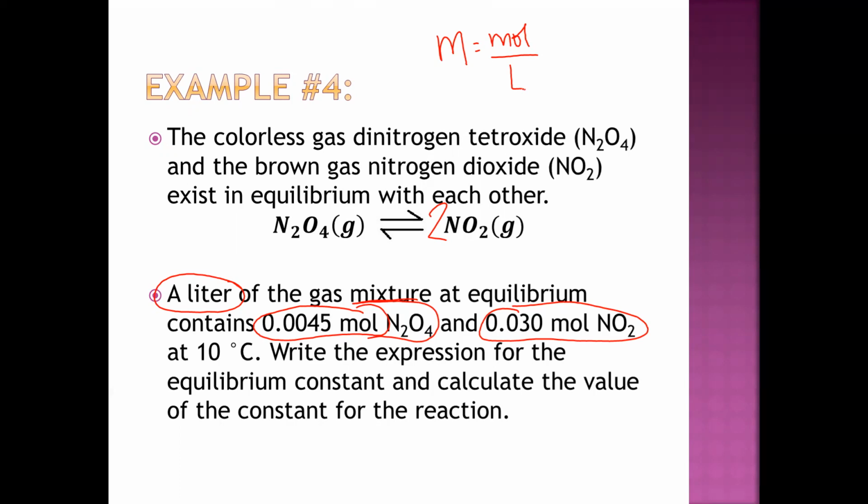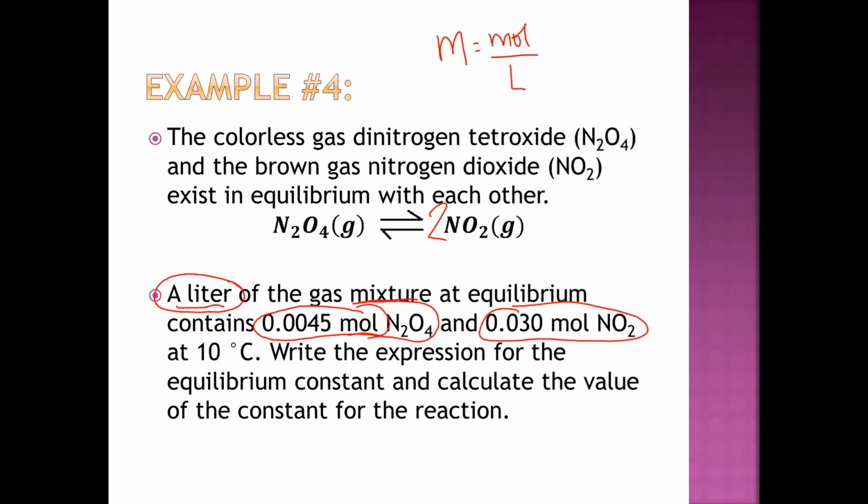Now, I'm saying this because I'm not going to trick you. Technically the numbers are in moles, so we should take the moles amount divided by the liters amount. But since it's just 1 liter, the numbers are just the numbers.